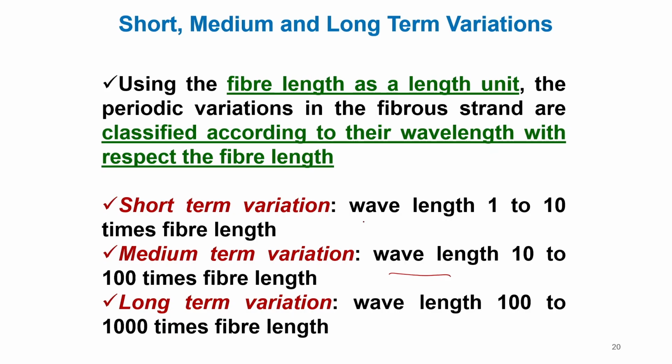So, short term irregularity is always generated at the end product, like if you want to know the irregularity of the sliver. If short term irregularity is there, then we normally target the front roller, there may be some front roller problem. Okay.